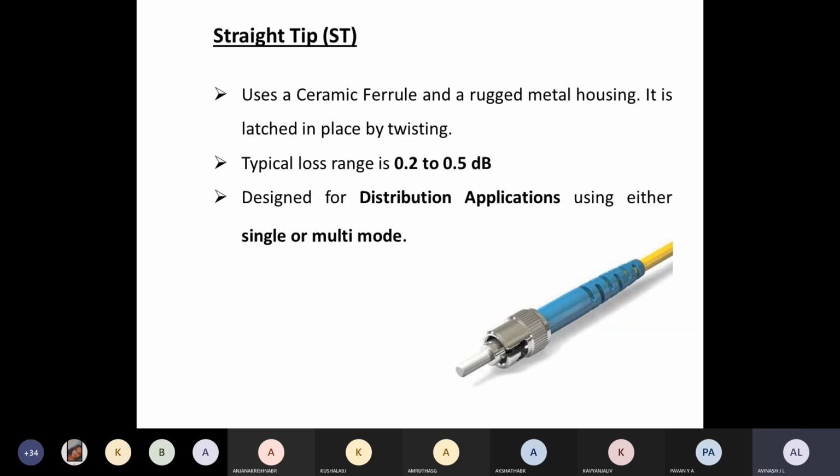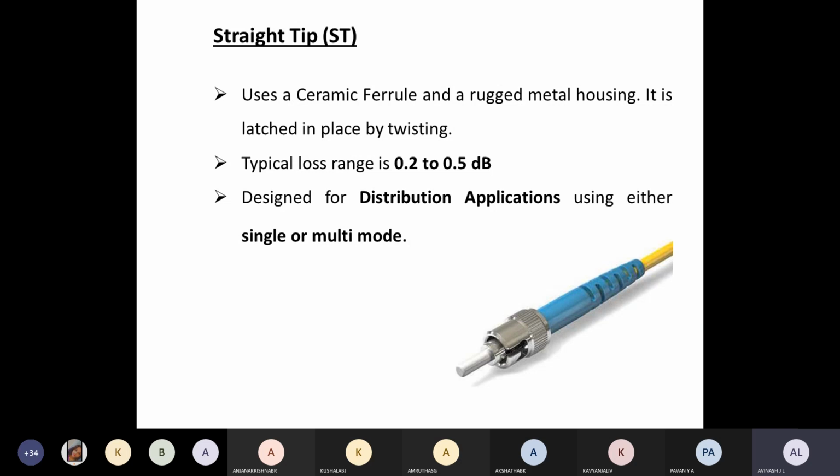So here, the features of a straight tip are: it uses a ceramic ferrule and a rugged metal housing. So it is latched in place by twisting. In this particular fiber connector, the typical loss range is 0.2 to 0.5 dB usually. Okay.